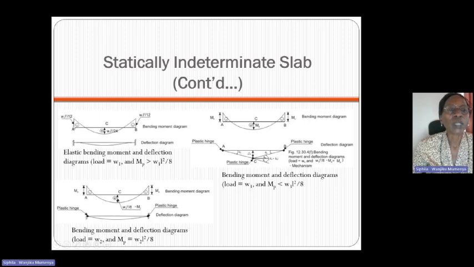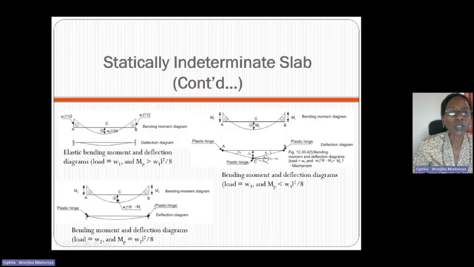The load here is referred to as load W1, and this load W1 will be such that the maximum moment in the middle is W1 L squared over 8, and the plastic moment will be greater than that elastic moment. If we increase the load to W2, whereby now you have a plastic moment MP at the supports, the bending moment diagram is shown as that.